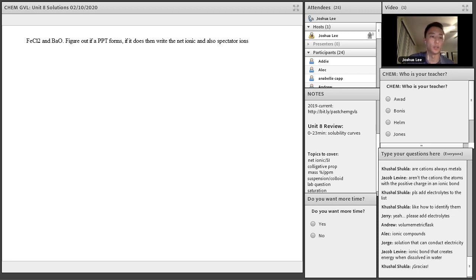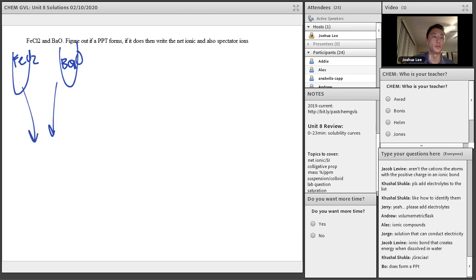So back to this question. If I drew this pictorially, we have FeCl2 and we have BaO. Then we're going to dump them both into a big beaker and see what happens.